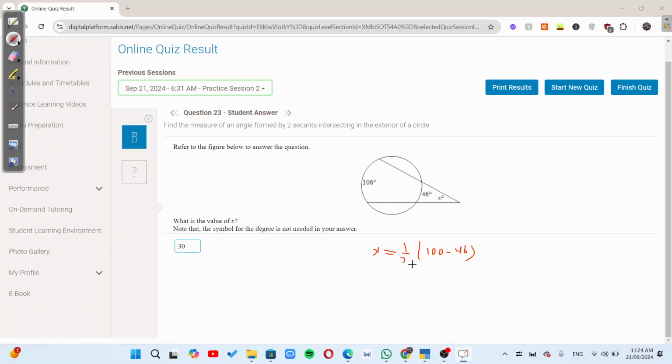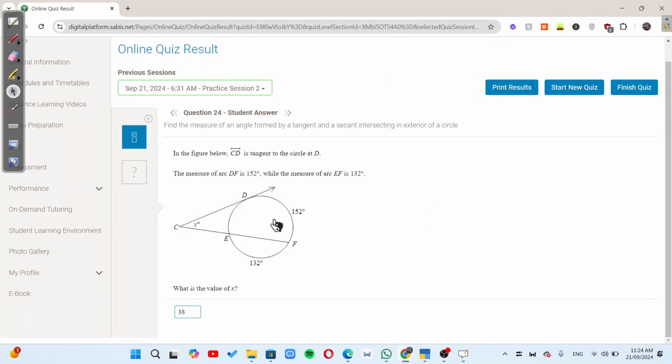Once you just solve it normally, yeah, sorry, 106 minus 46. So here it's equal to 60, and half of 60 is 30. So yeah, that's done for this question.